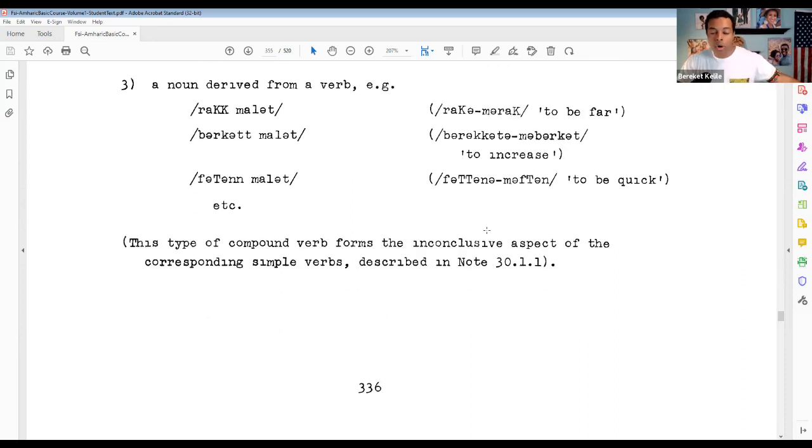This type falls into the inconclusive type, and we're going to look at that in the next section.